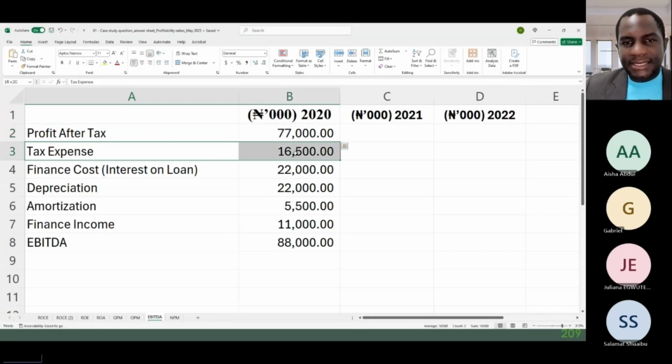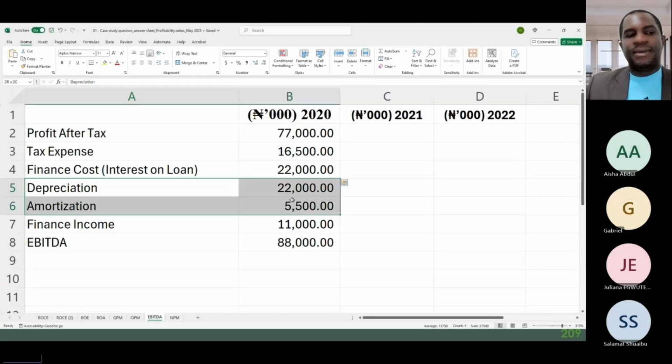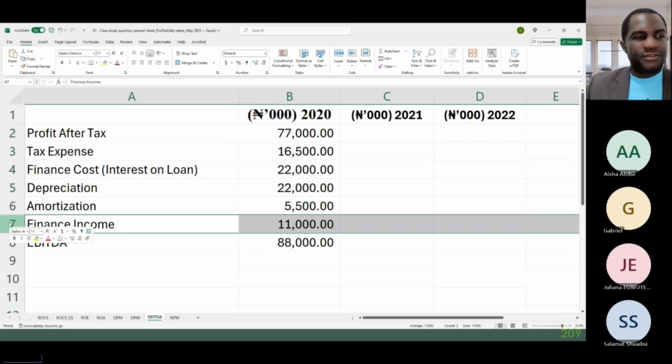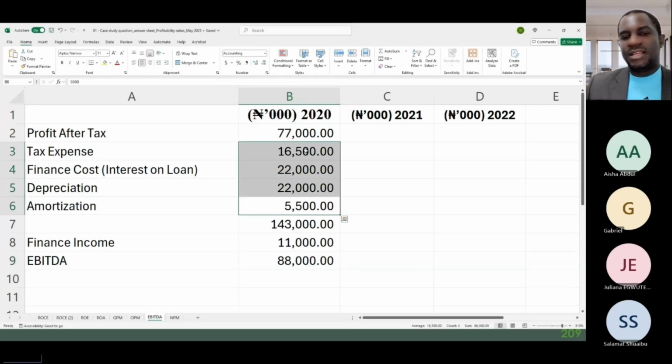Then I'll add back tax expenses, add back finance cost, add back depreciation, all the costs that I have no control over, I'll add them back. So immediately I add them back, I will have a total. In fact, let me even do a total here of all the expenses before I deduct. So I have 143,000. We even computed, my formula was wrong. So 143 is what I got after adding back all the inorganic expenses. So I now want to remove finance income because that is an income. We can't add it back.